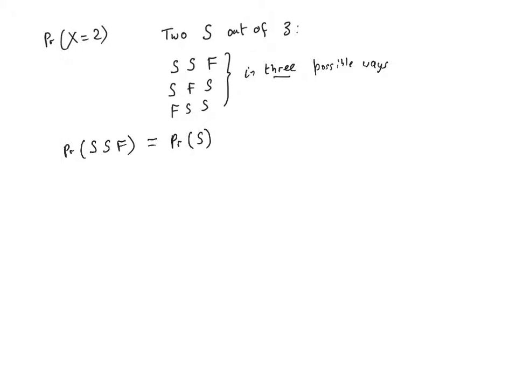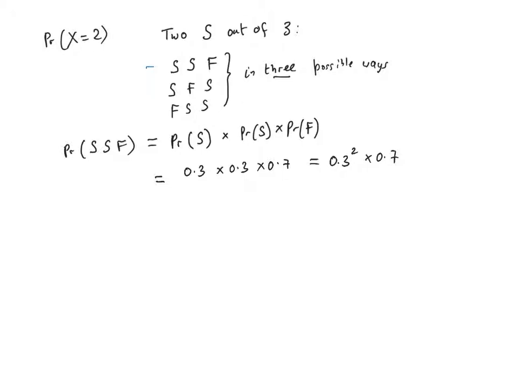So that's the probability of S times the probability of S times the probability of F. And that's equal to 0.3 times 0.3 times 0.7, which is equal to 0.3 squared times 0.7. So the probability of the first event above, SSF, is 0.3 squared times 0.7.